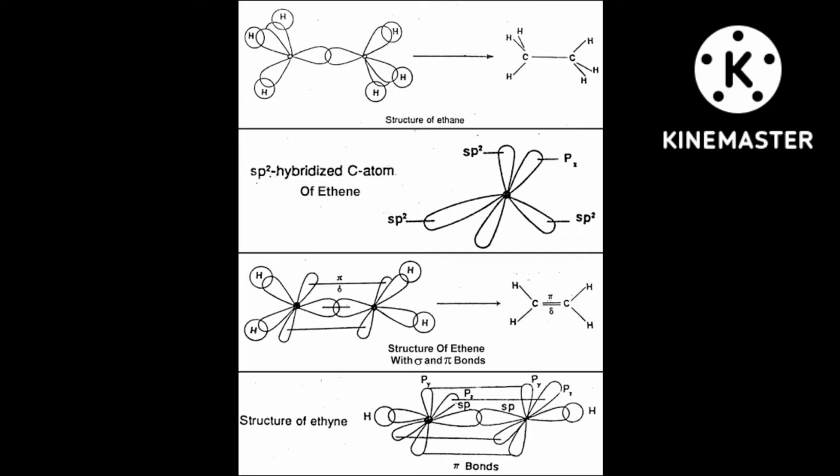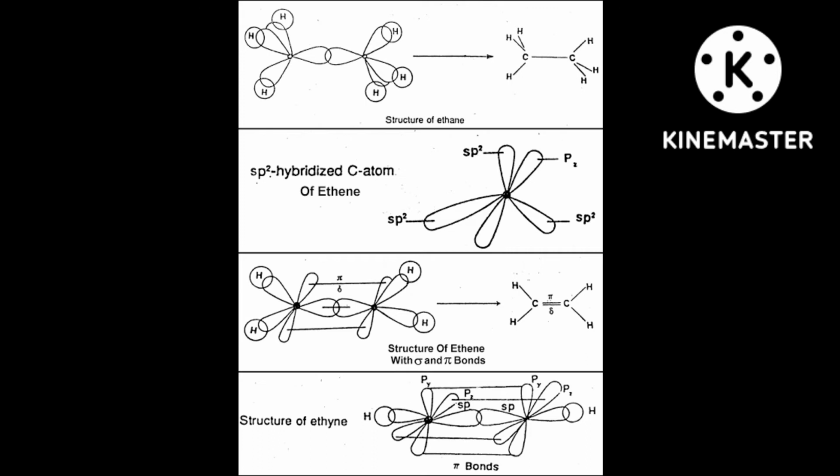Now these 2 unhybridized orbitals on each carbon: these unhybridized p orbitals of both carbon atoms overlap sidewise to form what?